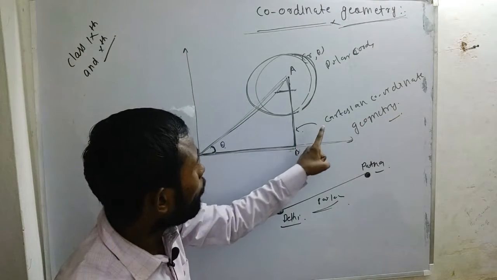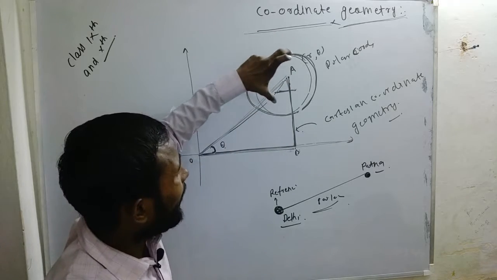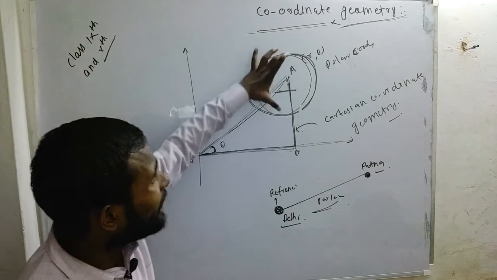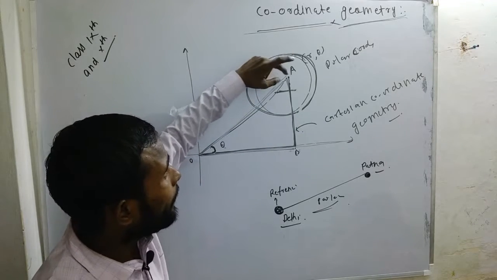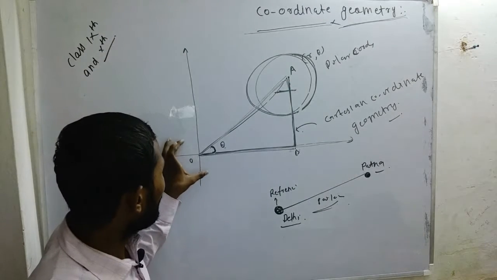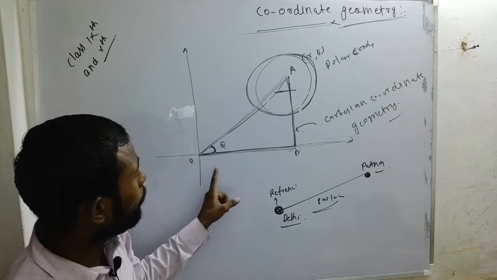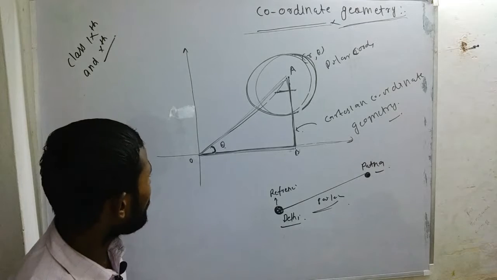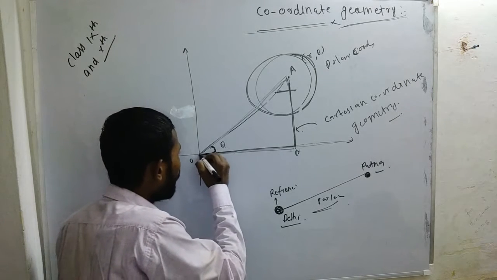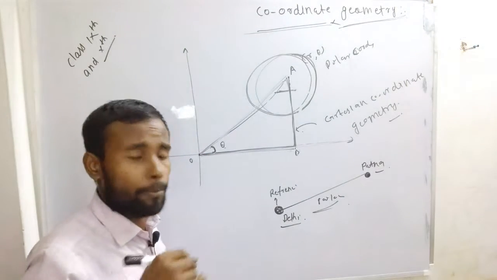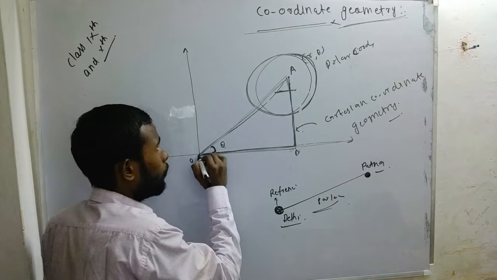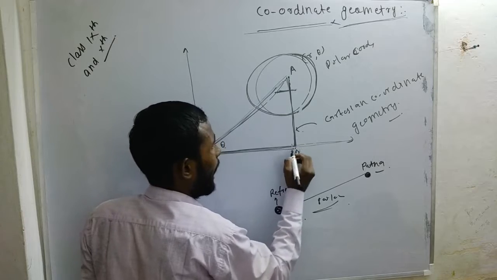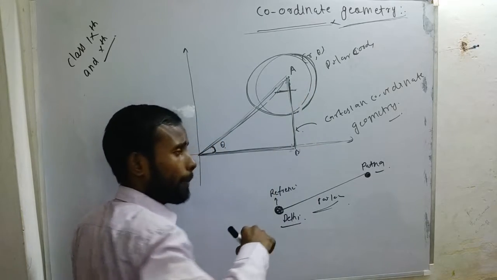Here we observe that to find the exact position of a point in a plane, we definitely first take two mutually perpendicular lines. After it, with respect to the intersection point of the reference lines, we determine the distance horizontally. After it, we take the distance perpendicularly.